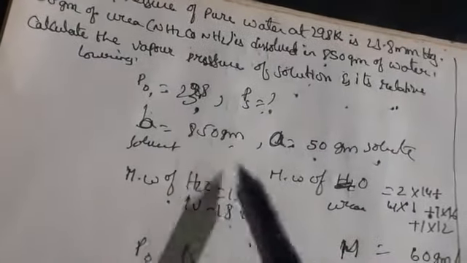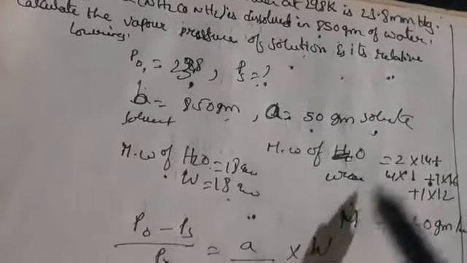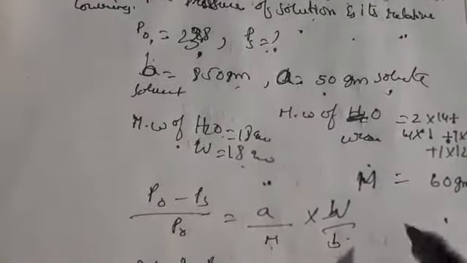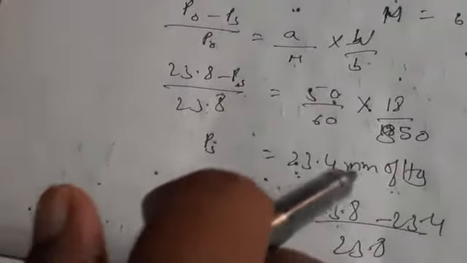The molecular weight of H2O is 18 grams, and of urea 60 grams. By substituting these in Raoult's law formula and solving, we get PS equal to 23.4 mm of Hg.